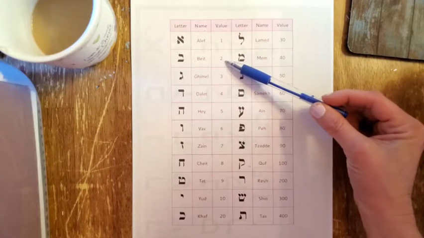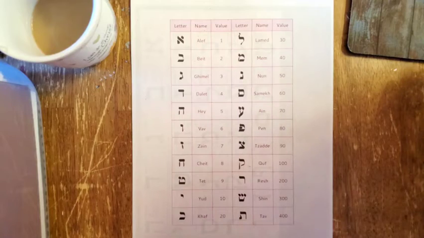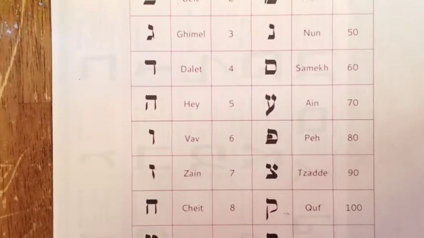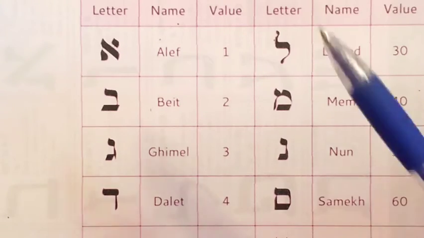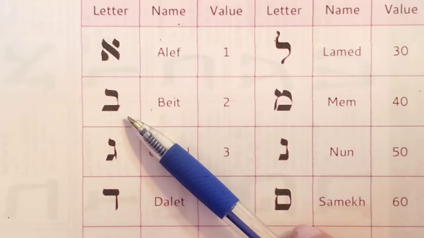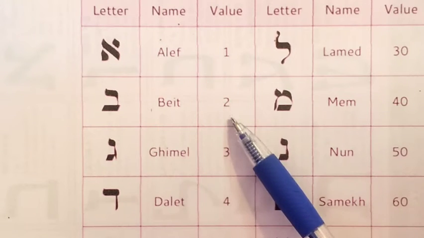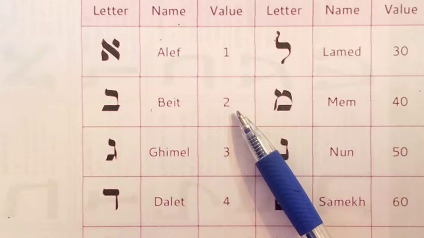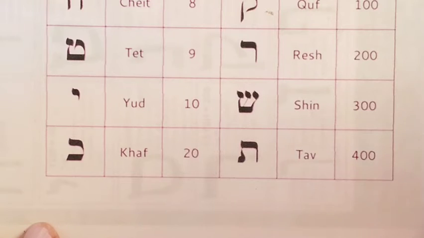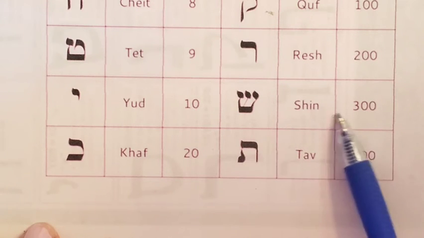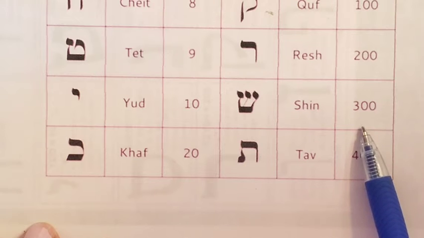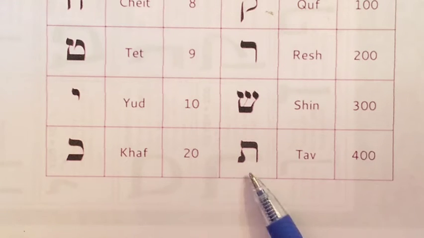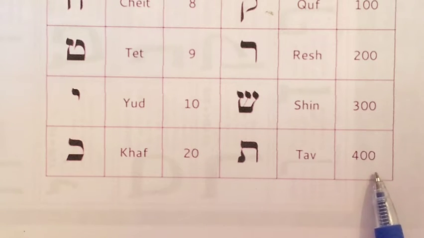Like we are working on the Bet, and it has a number value of 2. And you look all the way down at the Shin, and it has a number value of 300, and the Tav has a value of 400.